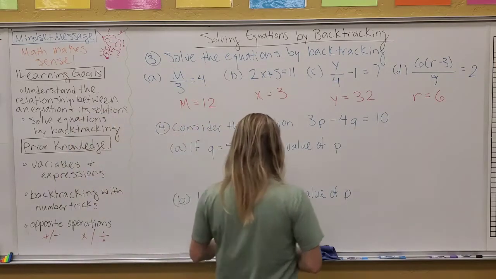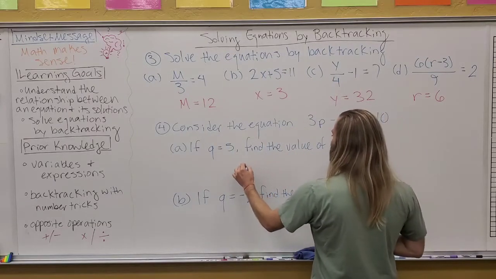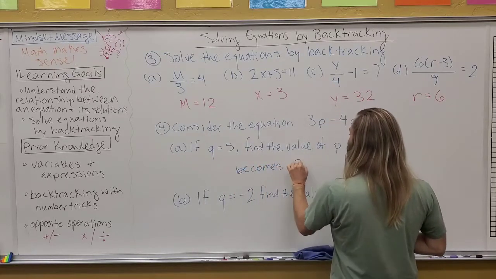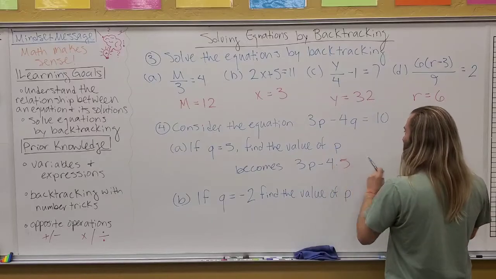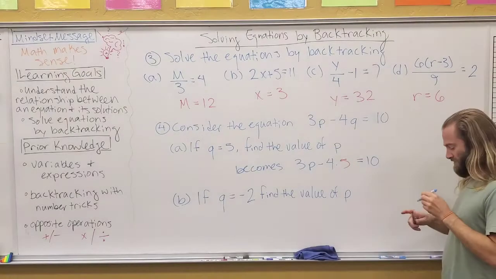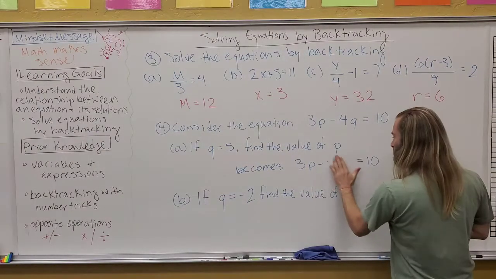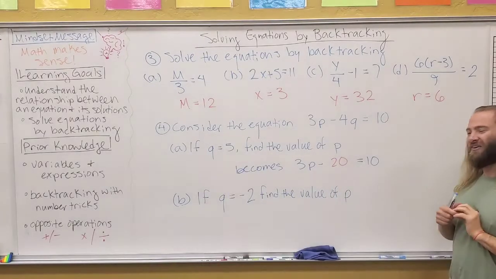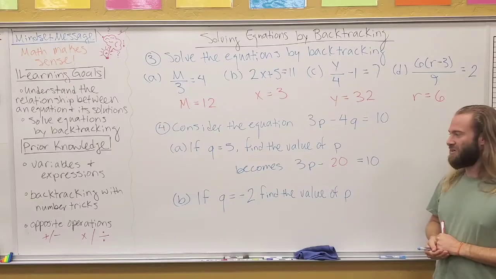So notice something here. If q equals 5, then the equation becomes 3p minus 4 times 5 equals 10. Do you see that? But then 4 times 5 is just 20. Oh, now that just looks like one of the equations we've been working with backtracking.